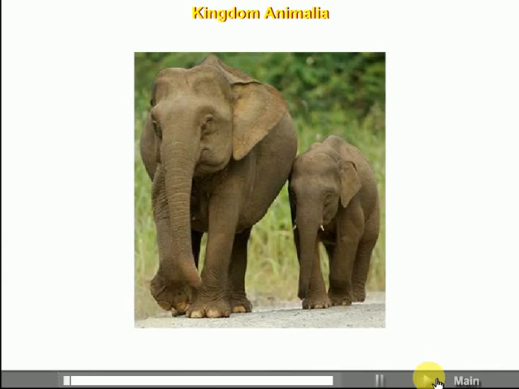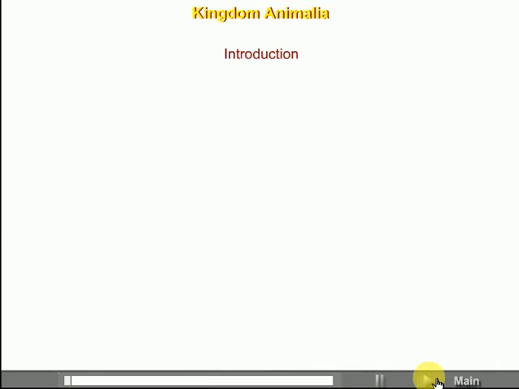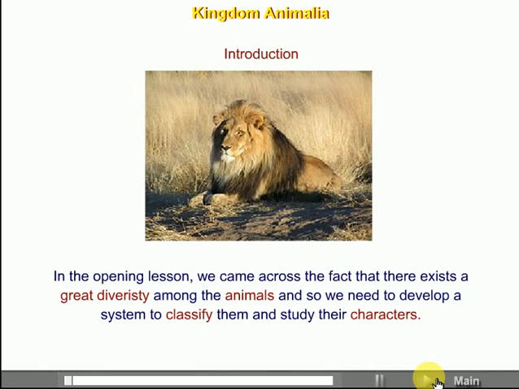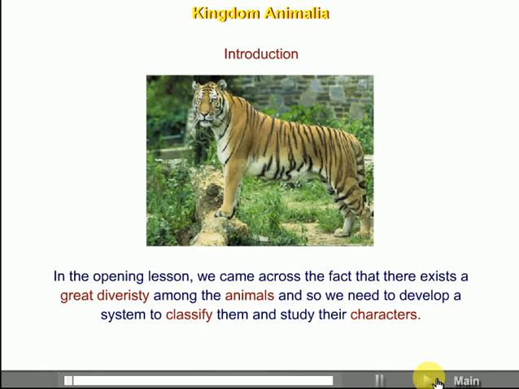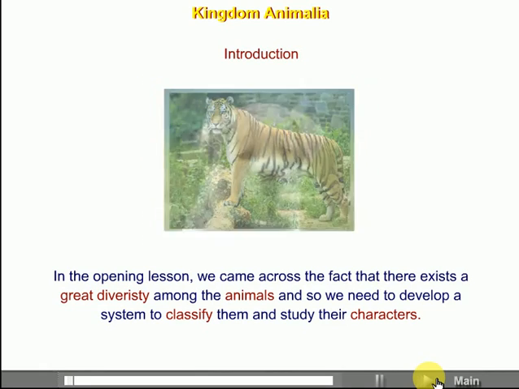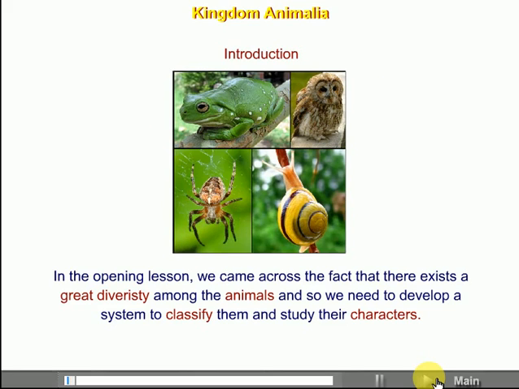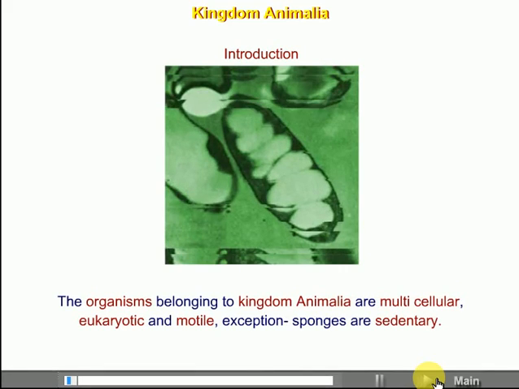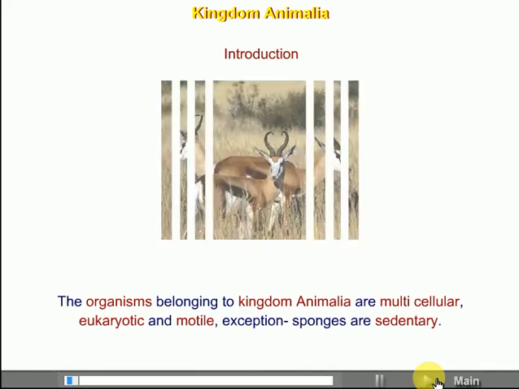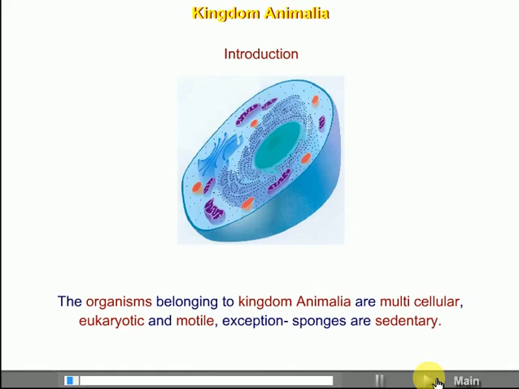Kingdom Animalia. Introduction. In the opening lesson, we came across the fact that there exists a great diversity among the animals, and so we need to develop a system to classify them and study their characters. The organisms belonging to kingdom Animalia are multicellular, eukaryotic, and motile.